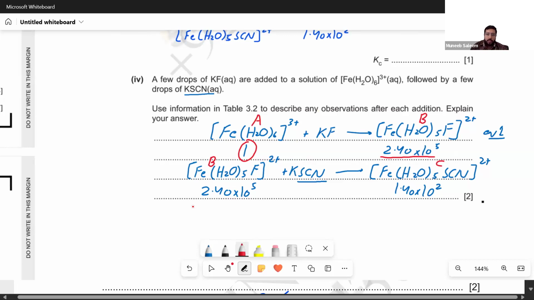Now we can clearly say that the value for K stab of complex B is much greater as compared to K stab value of A.